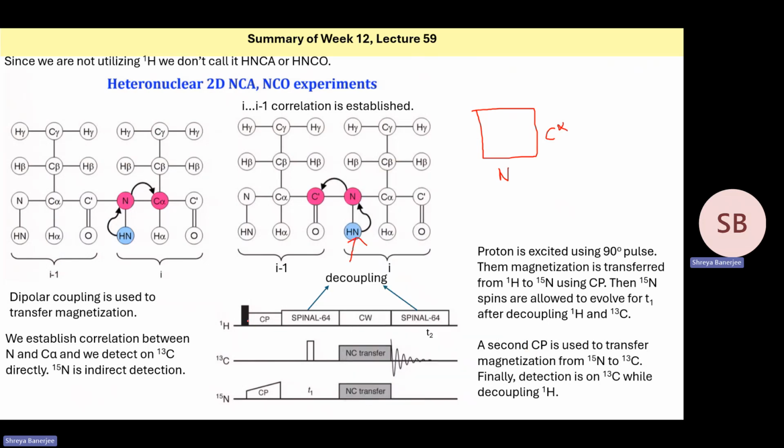So from proton, it comes to nitrogen. In nitrogen, it is evolving. Then from nitrogen, it is transferred back to carbon using another cross-polarization. And finally, the detection is on carbon. So one time axis is on nitrogen, one time axis is on carbon. That is why it's giving you a 15N and 13C spectrum.